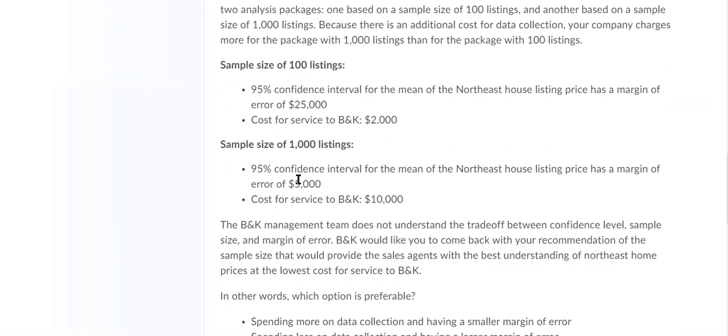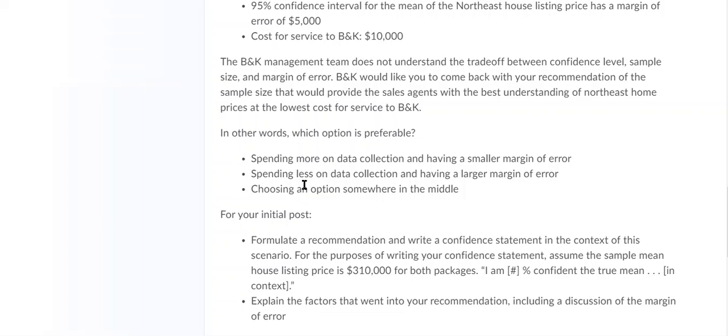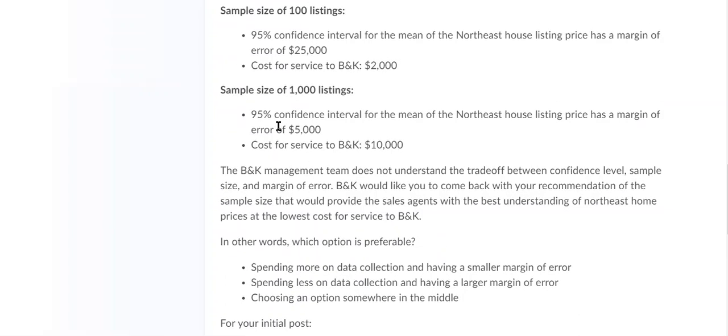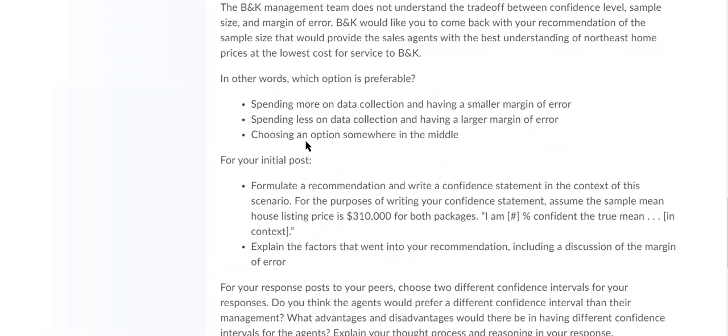Okay, so that would be this sample here where you're sampling 1,000 listings. It's $5,000 margin of error, but the cost of service is $10,000. Or spending less on data collection and having a larger margin of error. Okay, that's this option here. And then choosing an option somewhere in the middle.